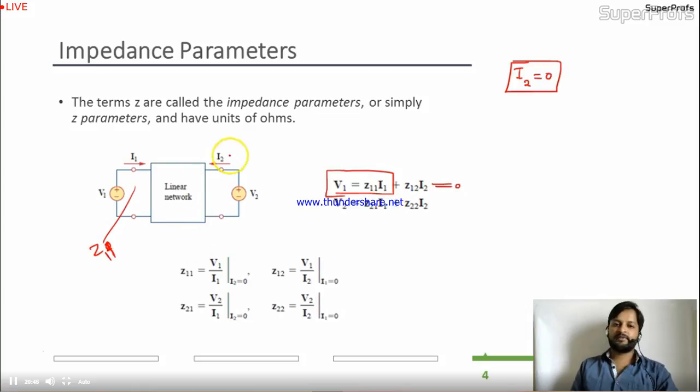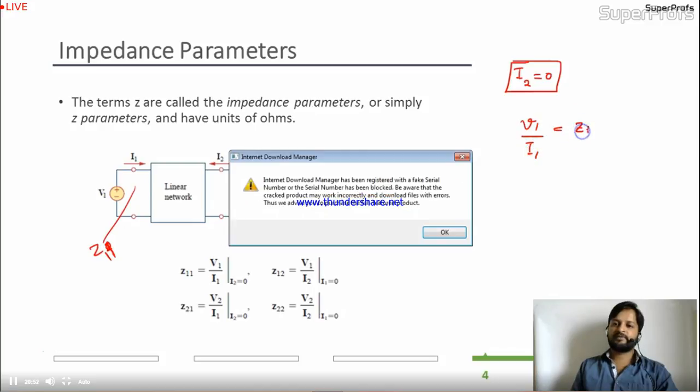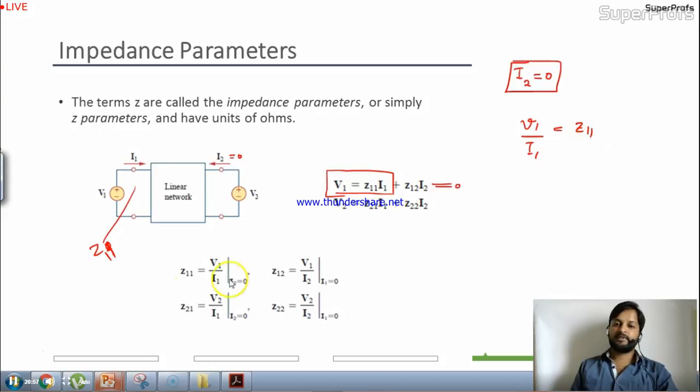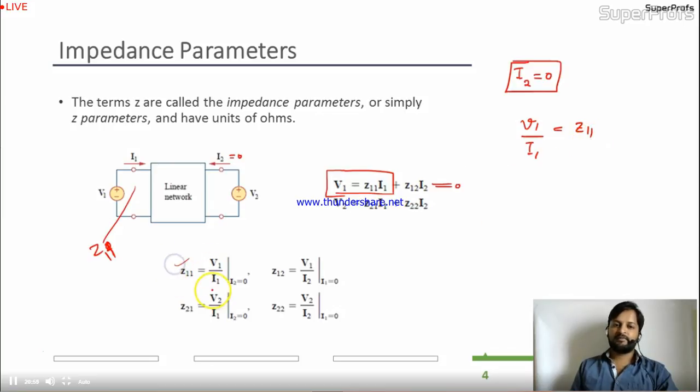If I2 is 0 in this circuit, then from this equation you will get V1 by I1, and that will be equal to Z11. So Z11 is nothing but V1 by I1 when I2 is equal to 0. Is it okay to you people?